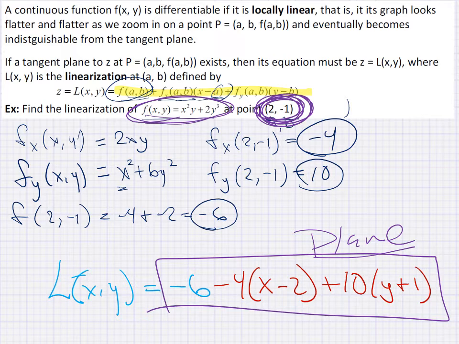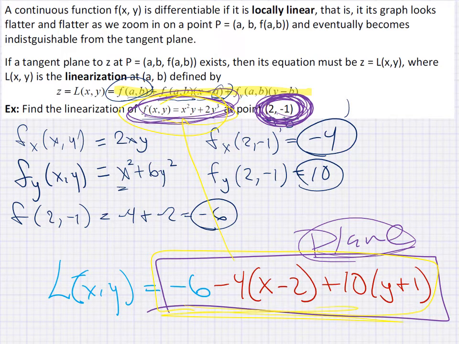As I move away from this point, there starts to become a difference between this function and this plane, but it's a minor difference. The further I move away, the bigger the difference would be. But at this location, this function and this plane are identical. So I could swap one out for the other and not really notice a difference. And therefore, this is the equation of the tangent plane.